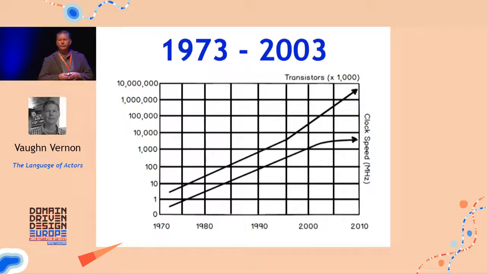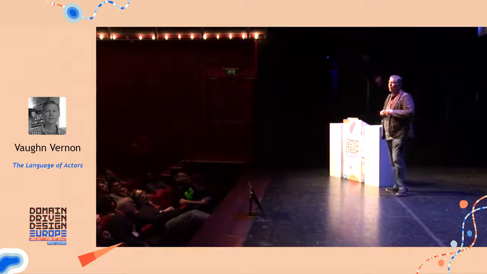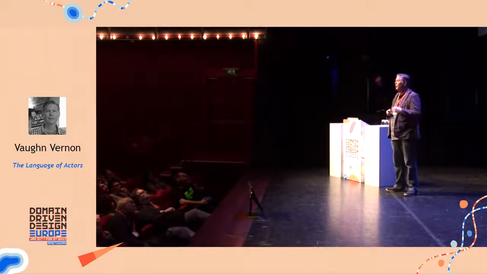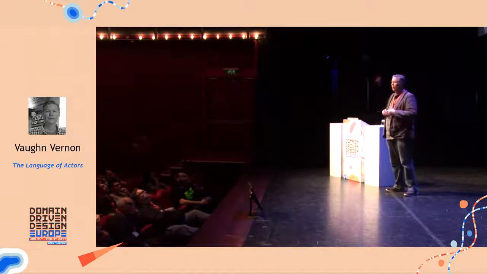Because objects block, and because of this trend, I start from the year 1973 and go through 2003 on this chart for a specific reason, and I'll tell you why 1973 is a significant year. As you can see, from around 1973 to around 2003, 30 years, software was able to take advantage of the ever-increasing power of the microprocessor.